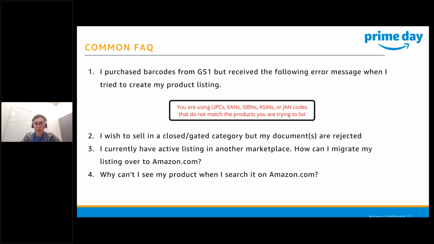The tool is called Build International Listing. Under your Seller Central, you go to Inventory and select Sell Globally, and you can see the option to select Build International Listing.